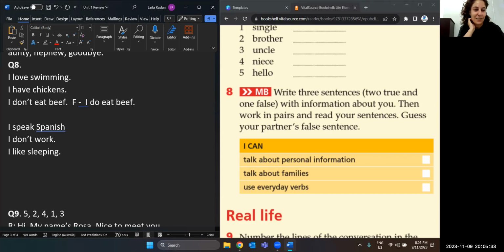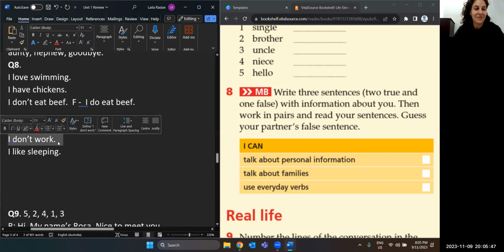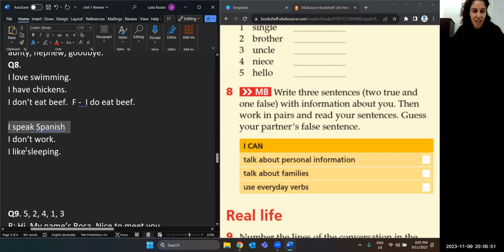I don't work. Which one do we think is false? The second? Is that true? So you do work. Yes. Okay, so we know that Oscar speaks Spanish, he likes sleeping, and he does work. This was a false sentence. The true sentence is I work. So good, he tricked us.